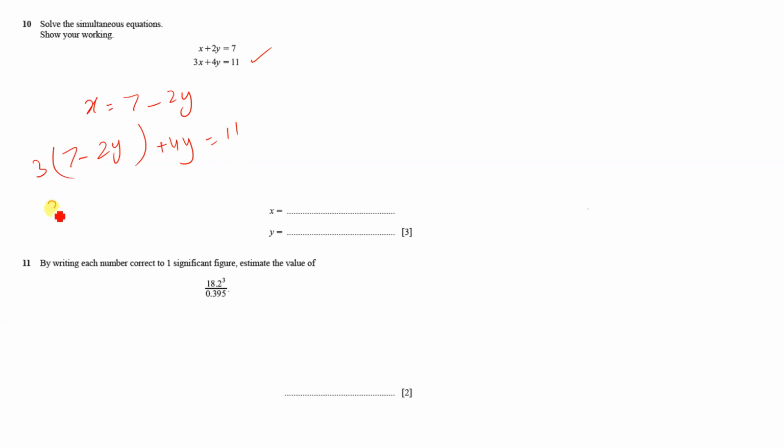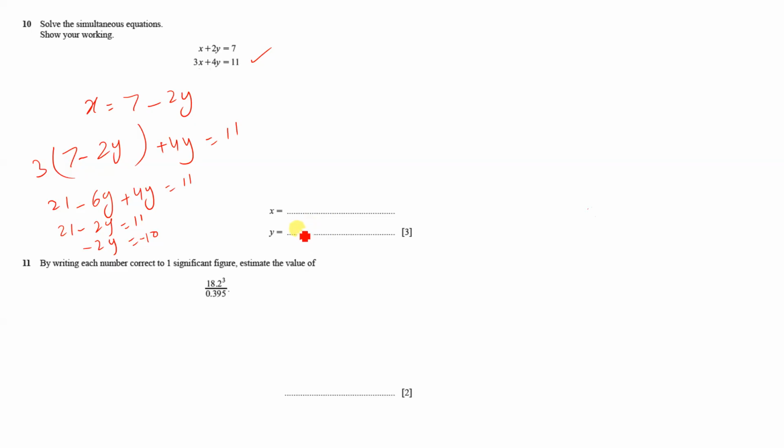So this gives us 21 minus 6y plus 4y equals 11. So 21 minus 2y equals 11. So negative 2y equals 11 minus 21, that is negative 10. So y is equal to 5.